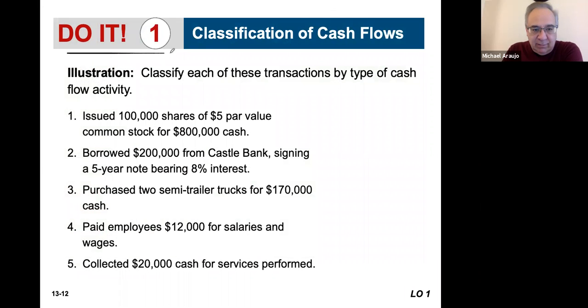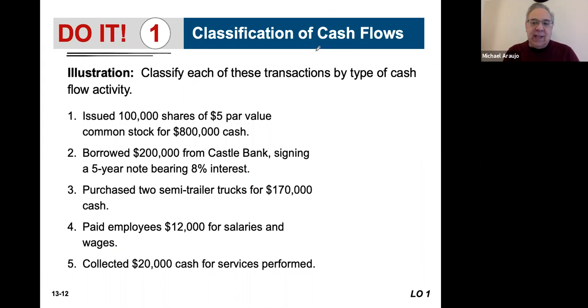And there you have it. Our review of Objective 1 is said and done, but let's review this because it's important to know how to classify your cash flow. It's either going to be an operating activity, an investing activity, or a financing activity.